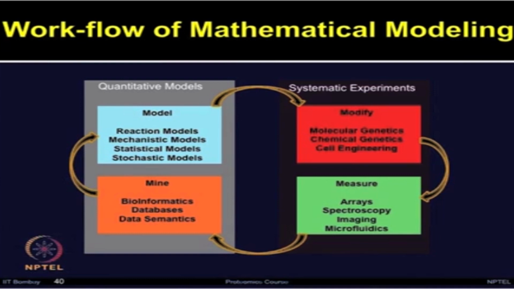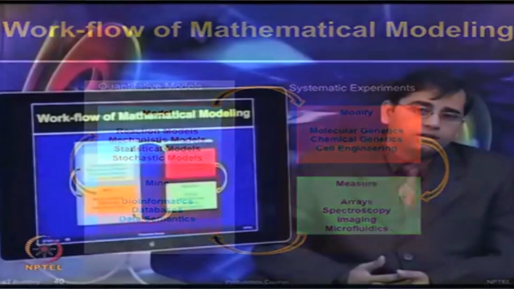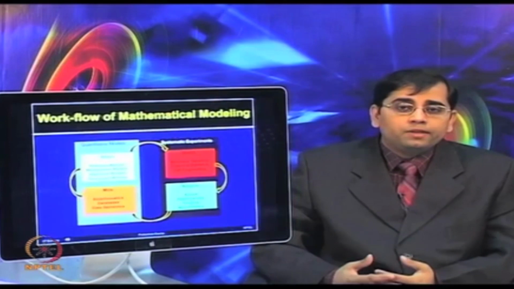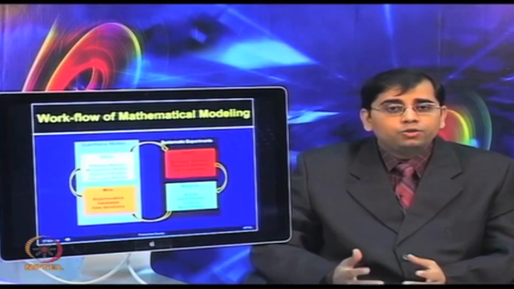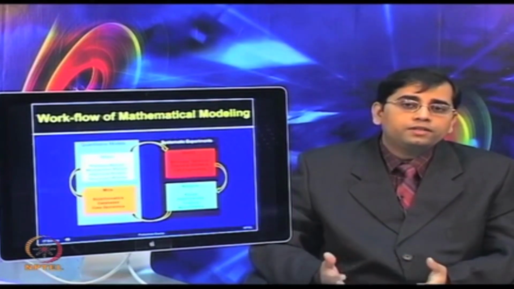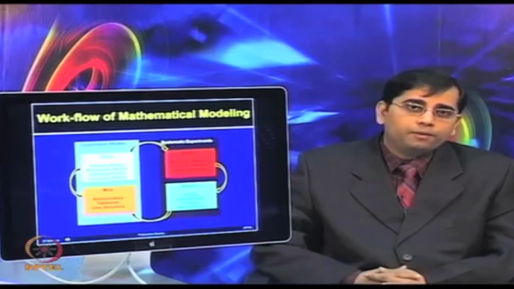Now, these data sets could be used to derive the models, which could be reaction, mechanistic, statistical or stochastic models. So, starting from systematic experiments to deriving the quantitative models, this workflow can be applied.